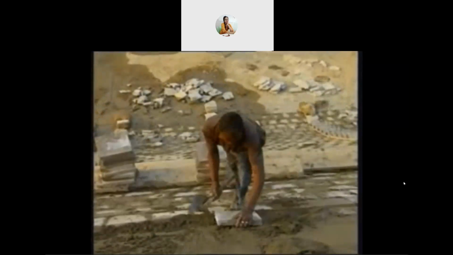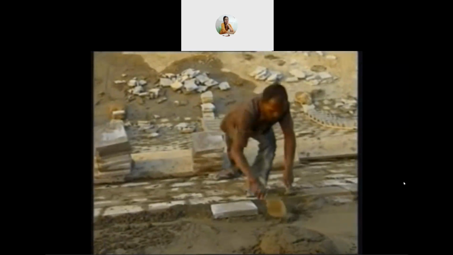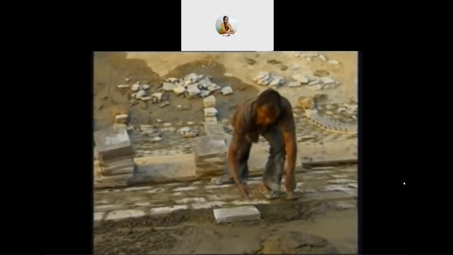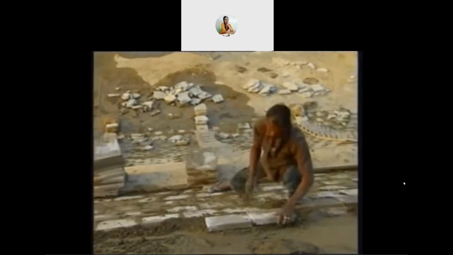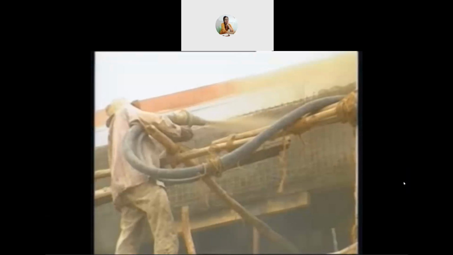These tiles are laid in 1:3 cement mortar in single or double layers directly on the compact subgrade. In shotcrete lining, cement mortar is applied by pneumatic pressure. It can be placed over rough subgrade.